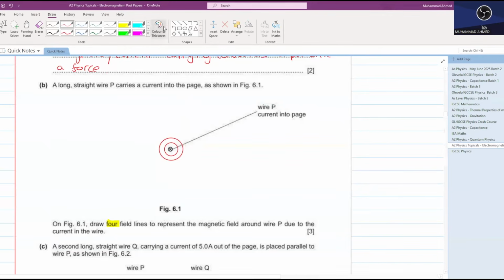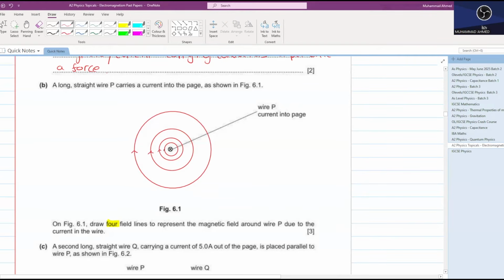Okay, so let's draw two more field lines. Something like this. I hope I don't mess up. Yeah, something like this, and the last circle as well. Something like this. Okay. And all of these will have a clockwise direction.